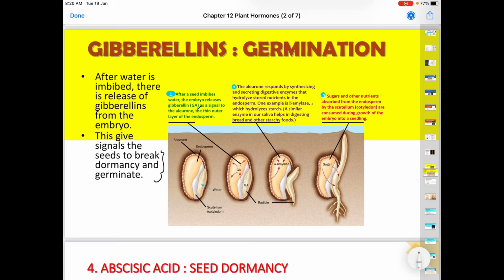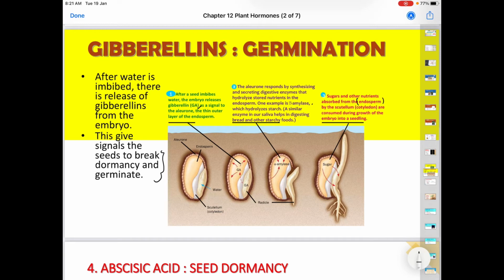One example is amylase, which hydrolyzes starch, a similar enzyme to that in our saliva, which helps in digesting bread and other starchy foods. Remember the endosperm is the tissue that supplies nutrients to the plant.